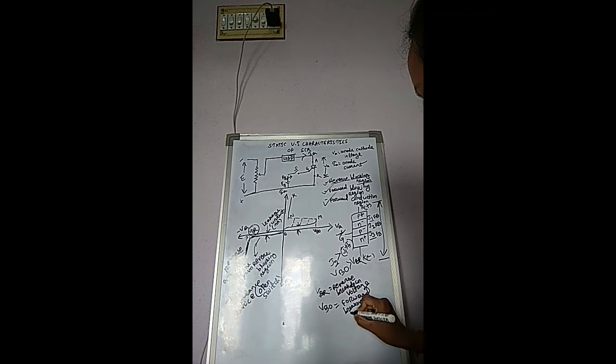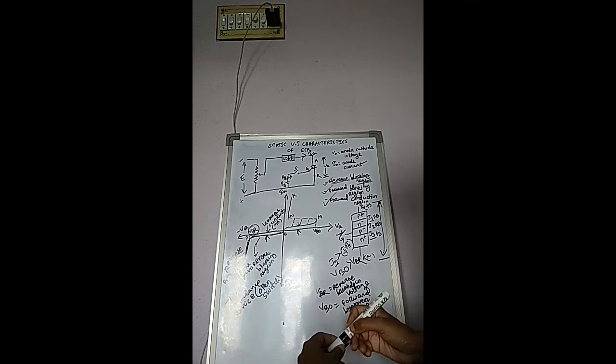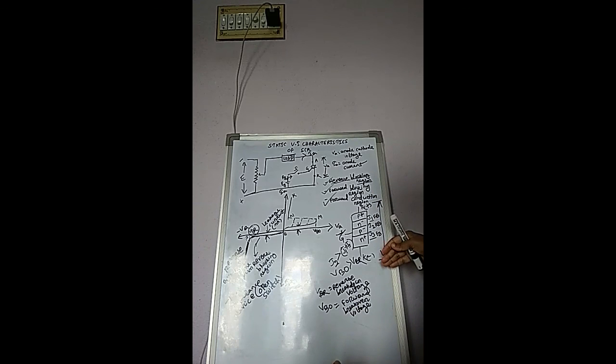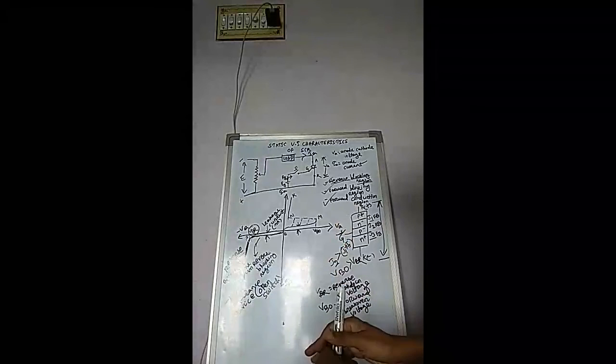So when we increase the anode to cathode voltage with the gate circuit open, or switch open, avalanche breakdown occurs at junction J2 at a critical voltage level, and that voltage is the VBO, the forward breakover voltage, and the SCR switches into a low impedance condition. That means the SCR has a low impedance condition.